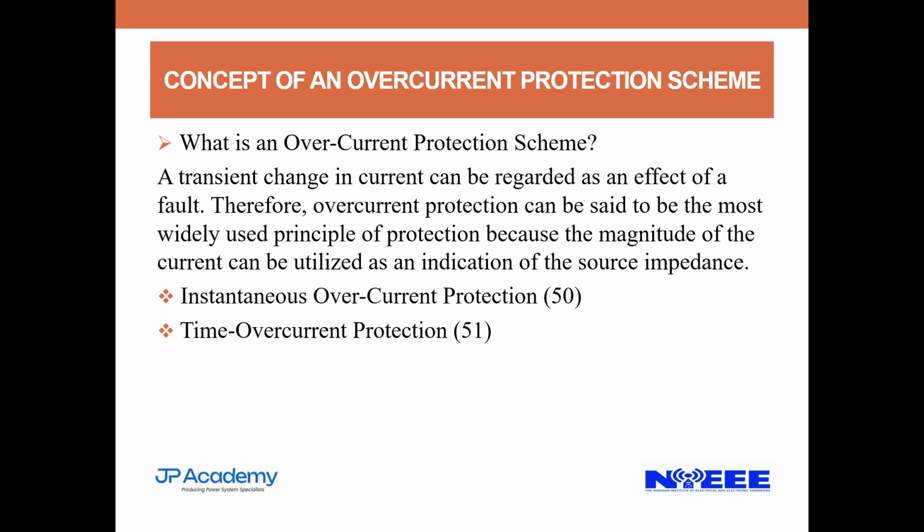Now, let me give an illustration. If we are using direct online starters to start our motors, we know that for direct online starters, we can see up to 6 to 8 times the nominal rated current for a few seconds. There will be this high inrush of current.